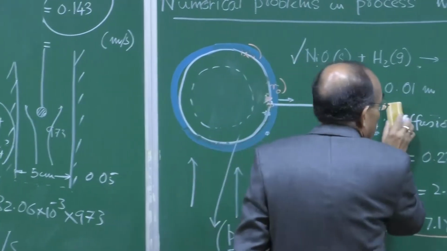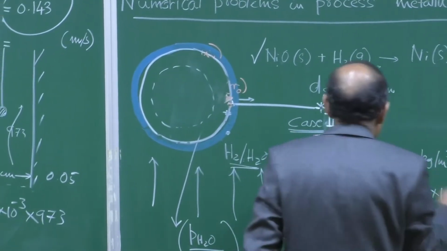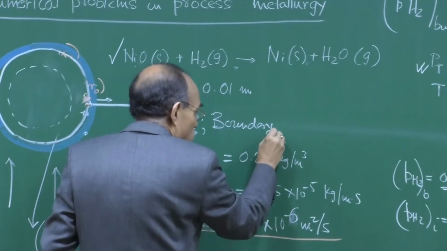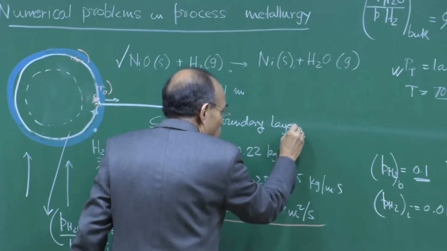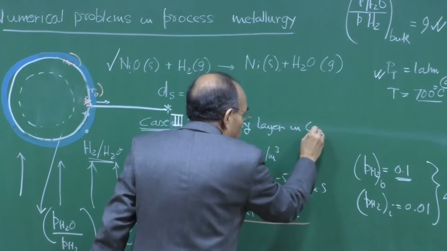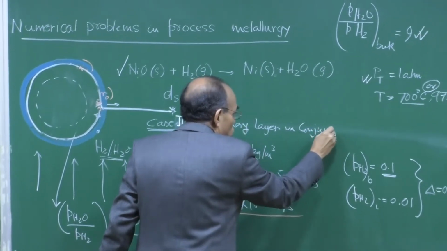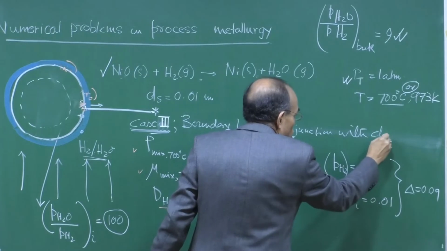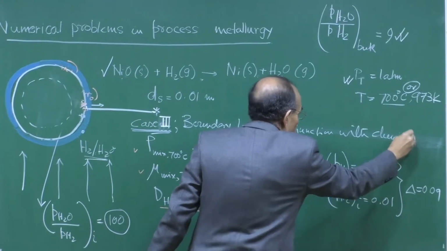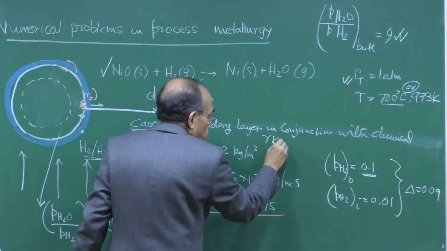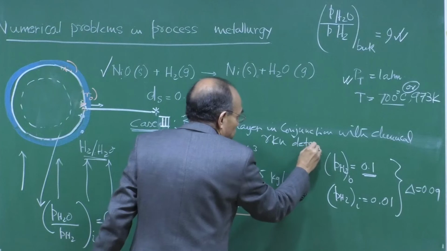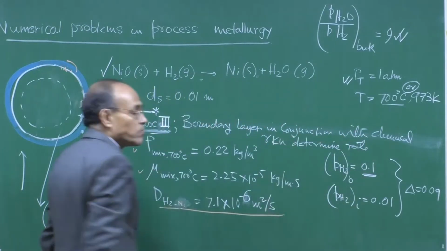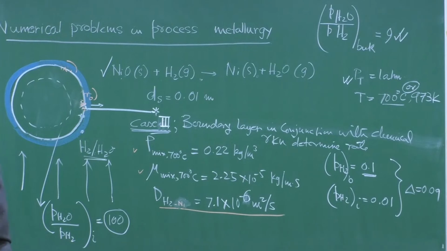When boundary layer mass transfer in conjunction with chemical reaction determine the rate of reduction. So, that is the task that we would like to calculate.